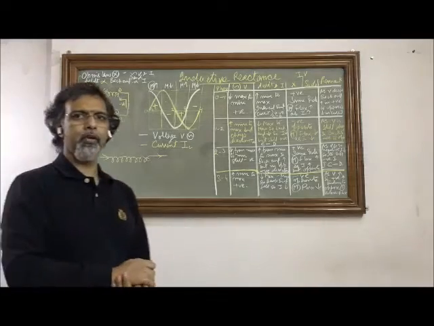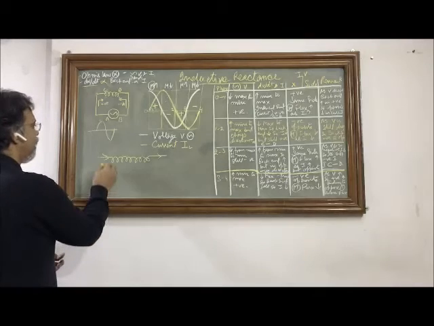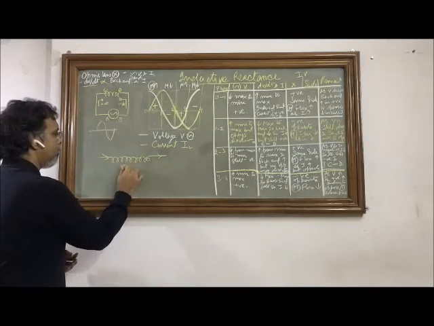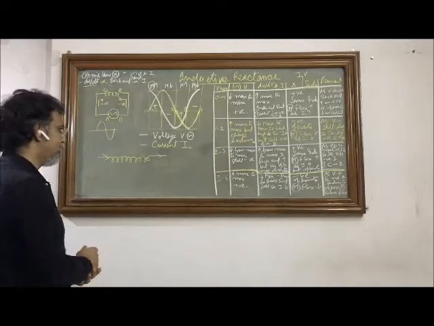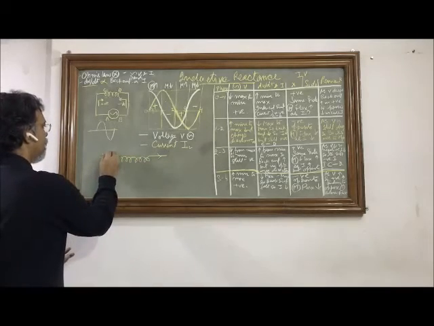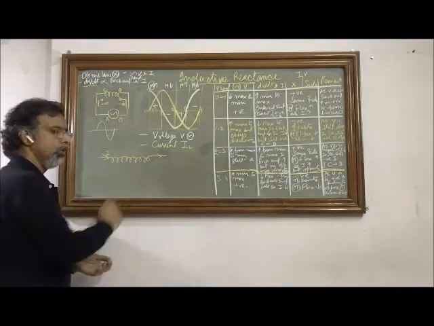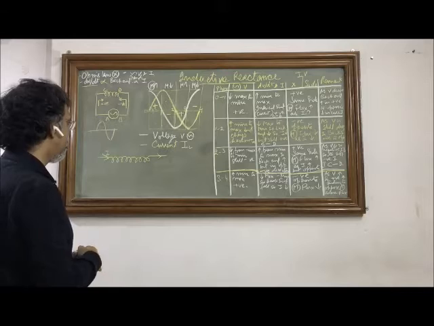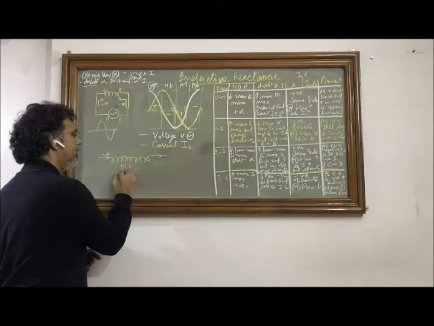Friends, it is a natural tendency of an inductor or an induction coil that if a current tries to travel through it, a magnetic flux or magnetic field is generated in its substance, and the flux linked with this coil is proportional to the current passing through it and the number of turns of the coil. The natural tendency of this inductor is to maintain its magnetic flux or magnetic field.